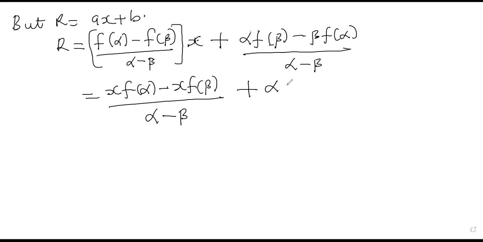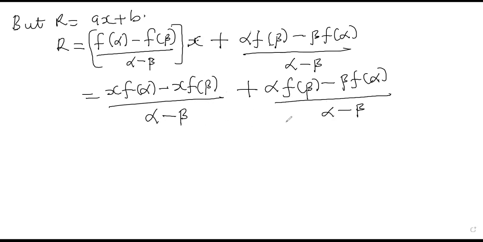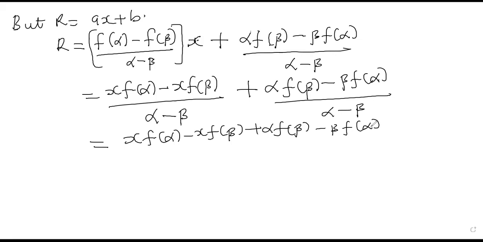plus alpha f of beta minus beta f of alpha over alpha minus beta. Since the LCM is the same, I can consider the numerators under the same LCM, x f of alpha minus x f of beta plus alpha f of beta minus beta f of alpha, everything under the same LCM, which is alpha minus beta.